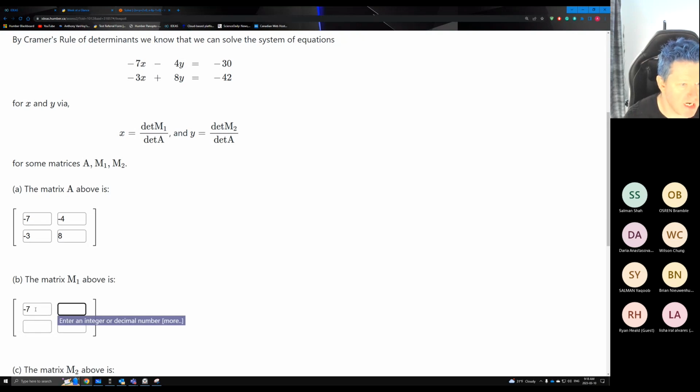So if you want, you can just copy del down and then replace the appropriate coefficients. With M1, which is what we're looking for here, M1 is the matrix of coefficients where we remove the -7 and the -3 and replace it with -30 and -42.